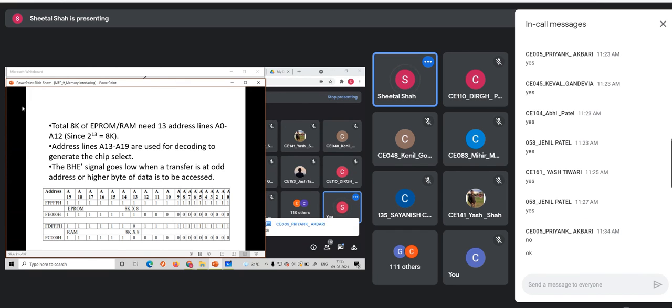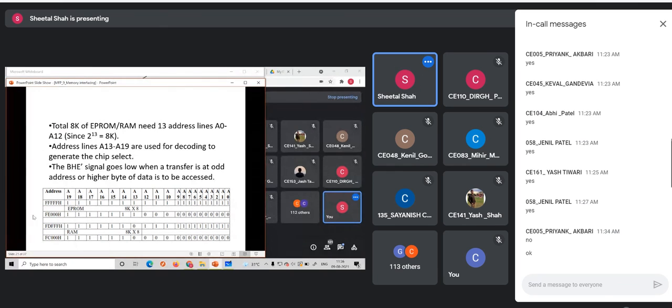So a total of 8K of EPROM or RAM is needed, and it may require 13 address lines. Among these 13 address lines, A0 is used for selecting the bank, whereas A1 to A12 is used for the IC. Followed? The remaining address lines, A13 to A19, are used for decoding the IC chip, and can be connected to the chip select line.